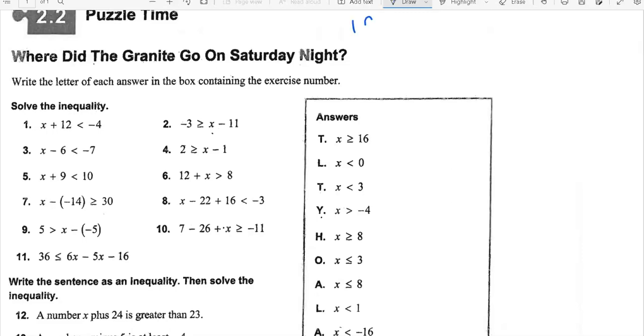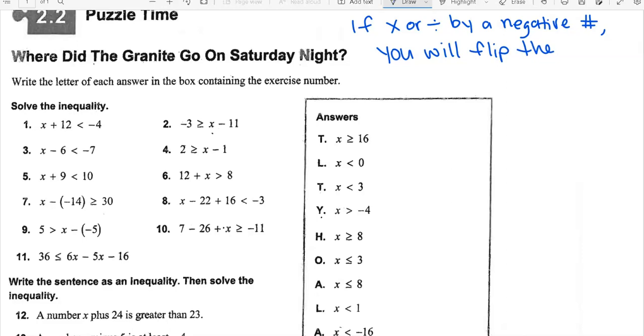So if you multiply or divide by a negative number, this is when you will flip the inequality sign.